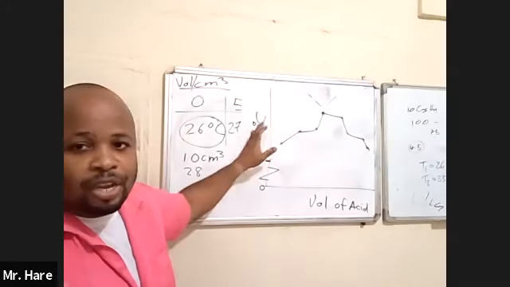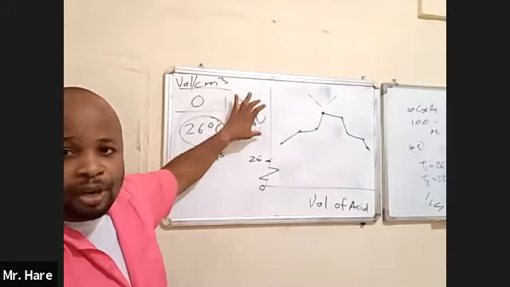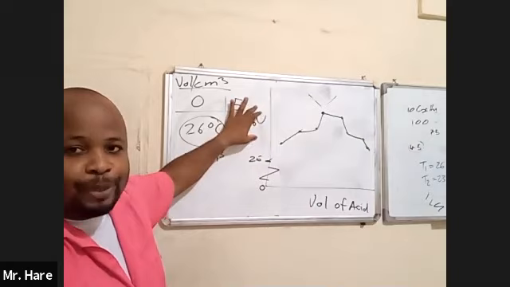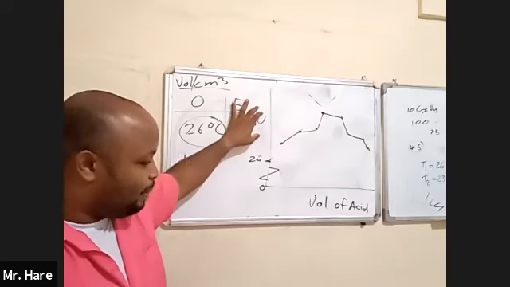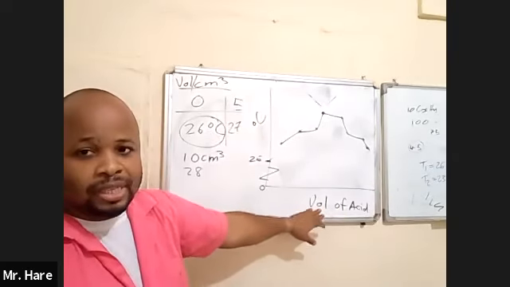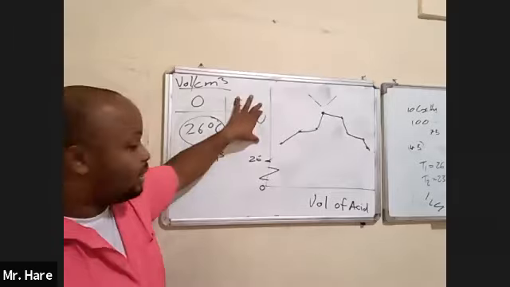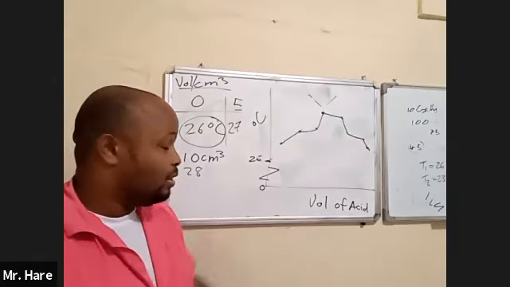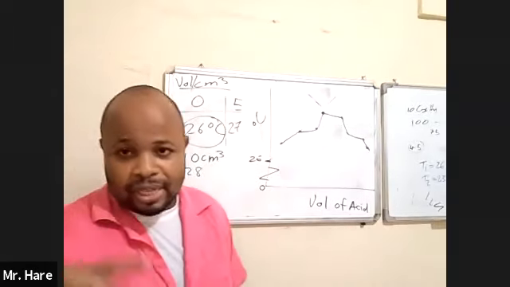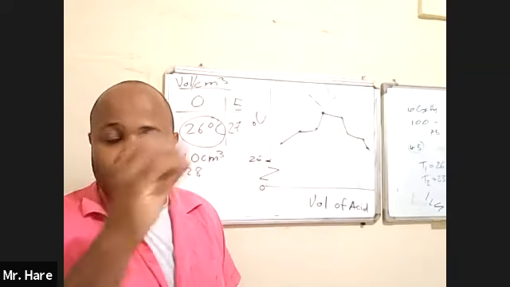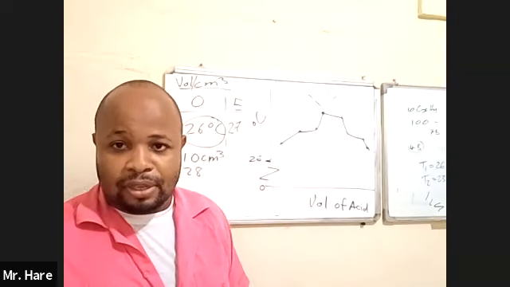So you don't have any control over the temperature reading. The temperature you're getting is dependent on the volume of acid you're using. So it's the dependent variable on the y-axis and the independent on the x. However, they will say plot a graph of this versus that.